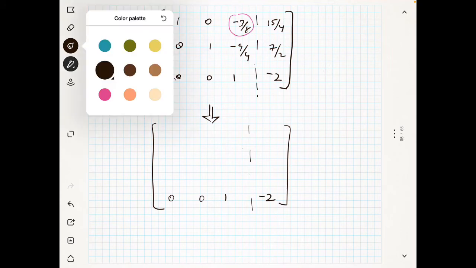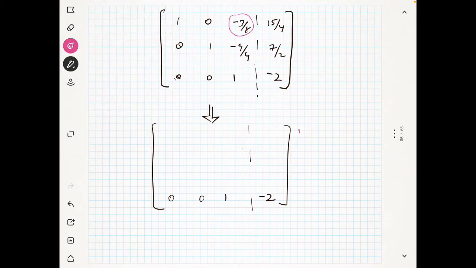Now I am going to change row 1, as row 1 plus, you see this is minus 3 by 8. So I will multiply my row 3 by 3 by 8 and add it to row 1. All the elements in row 3 are 0 except the last, which is 1.